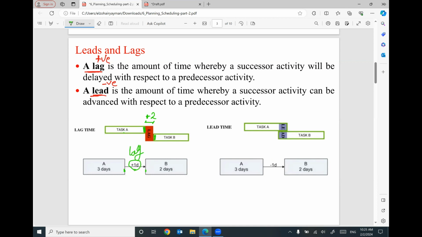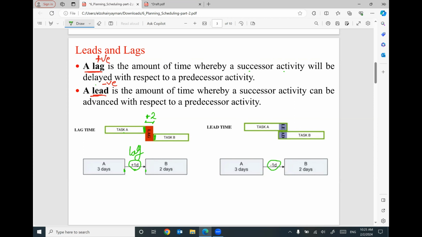So lag is the amount of time whereby a successor activity will be delayed with respect to a predecessor activity. Lead with a negative number.